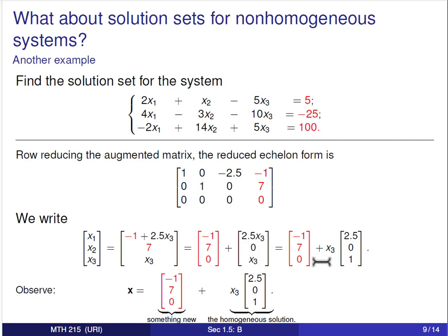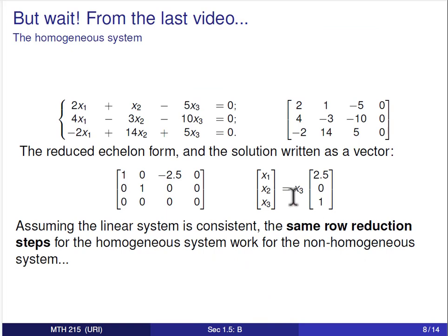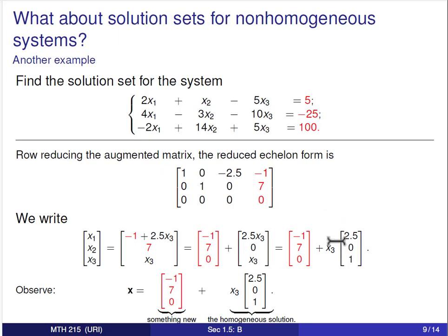Now factoring out the x3 as before, our answer is in parametric vector form here, which is often what we want. But then if we compare the answer to the previous system, the homogeneous system, that x3 times (2.5, 0, 1), that was the solution set to the previous system, and it's showing up here in our solution for this non-homogeneous system.